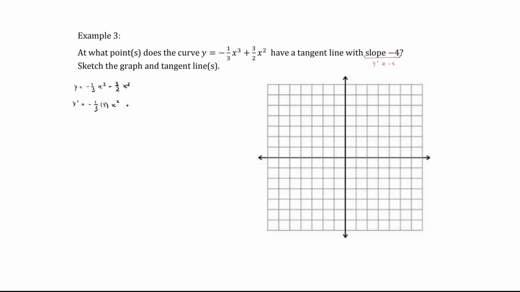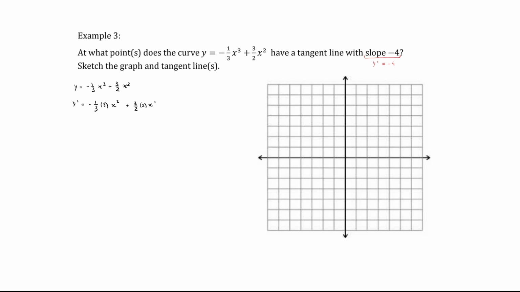Then for the second term, 3/2, I'm going to leave that coefficient. I'm going to multiply it by the exponent of 2, which is now going to become a coefficient. I leave the variable alone, and then I'm going to subtract 1 from that original power to get a power of 1.